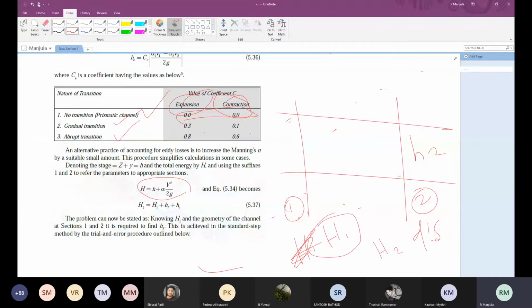So H1 is nothing but y1 plus alpha v1 square by 2g. Here you can use either y1 or h1.